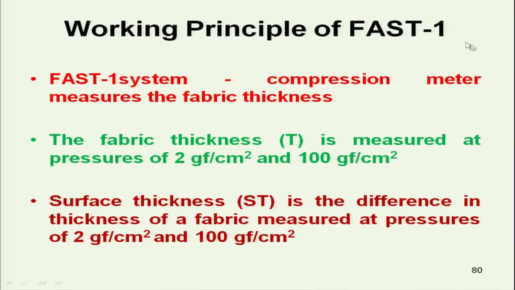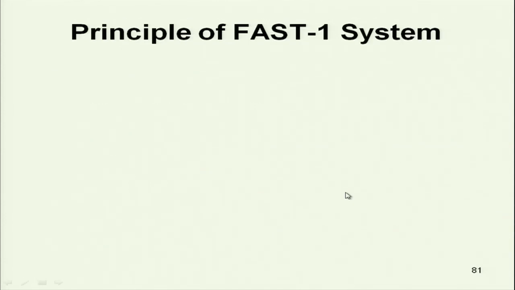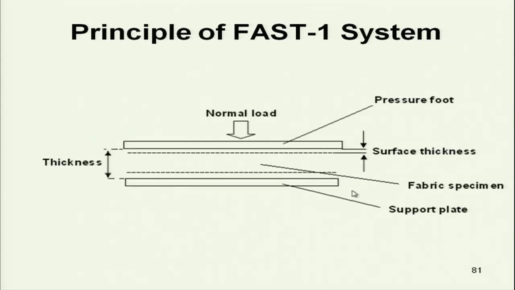First one measures the fabric thickness and surface thickness of the fabric. It is very simple. We only need a support fabric and a certain pressure foot. The difference between the FAST system and the covered system: in the covered system we get a continuous curve for both loading and unloading directions, and from there we can analyze.